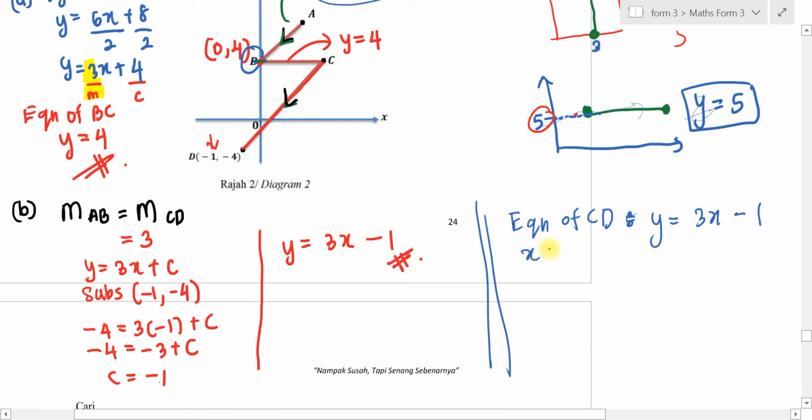So x intercept means y equal to 0. So 3x minus 1 equal to 0. So x equal to 1 over 3. That's it. For x intercept, just give the value of x.